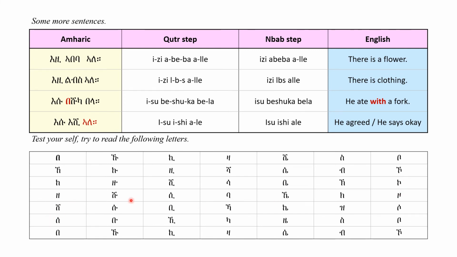Ze, shu, si, ba, he, ku, zo. She, su, bi, ha, ke, z, so. Se, bu, hi, ka, zie, si, bo. Be, hu, ki, za, sie, b, ho.